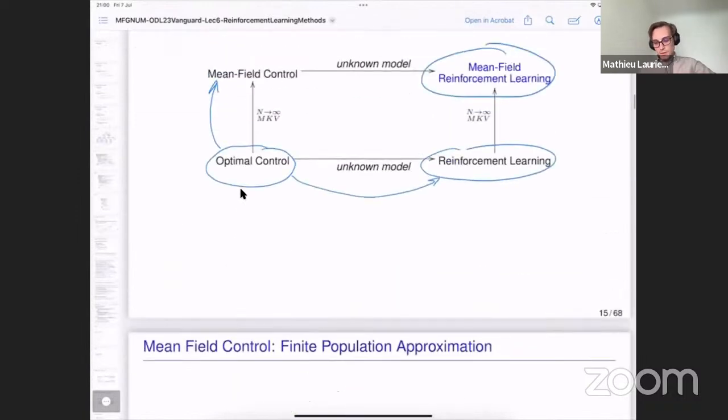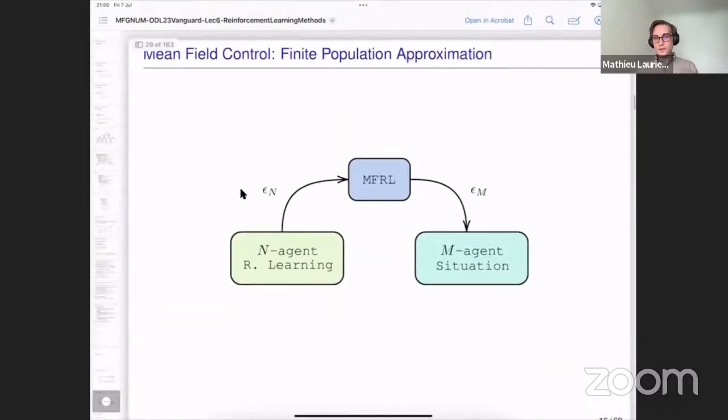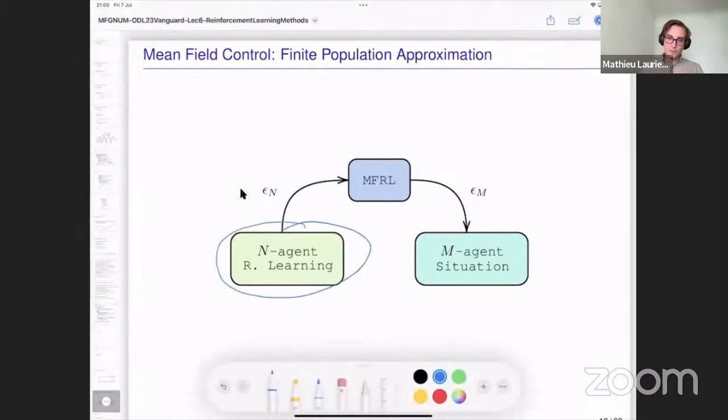So maybe it's just a mathematical abstraction. Is it useful in practice? Well, I would say if you have a system with a finite number of cooperative agents, for example drones or robots, and they are trying to learn, basically what you could tell them is, instead of trying to solve your n agent problem, try to solve the mean field problem, because it will be simpler.